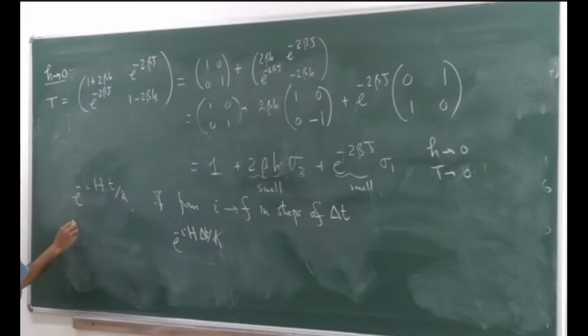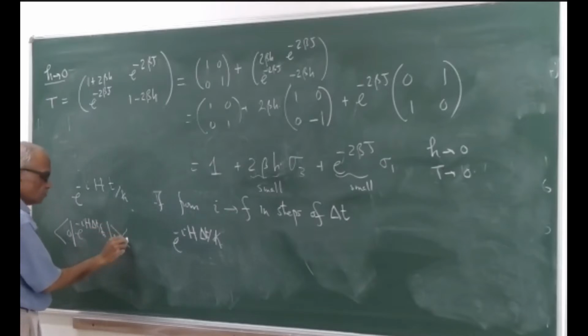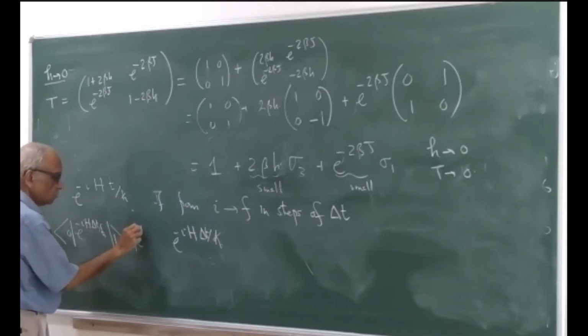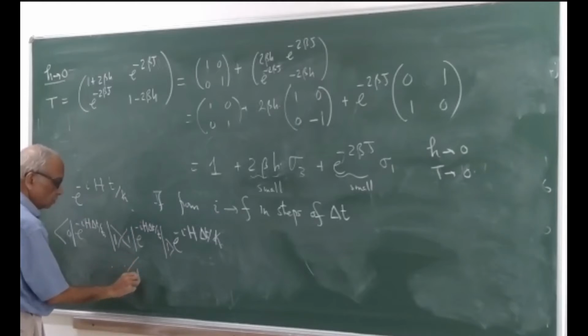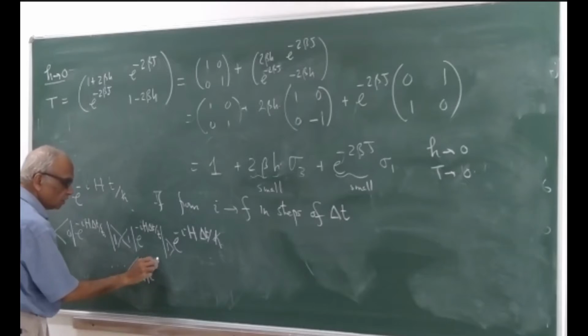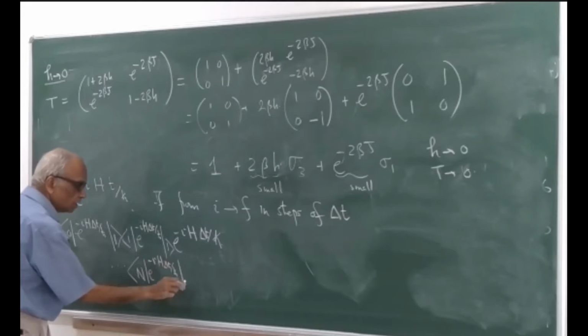And if it is from, let's say, an initial state 0, you go e to the power minus iH delta t over h bar to an intermediate state, let's say 1, and then again another, and so on to, let's say, n, and over here the final state.